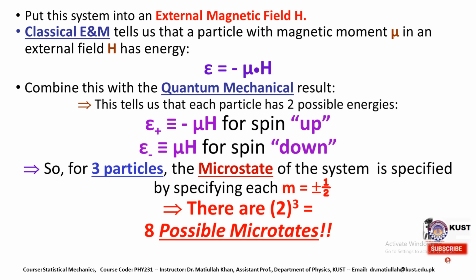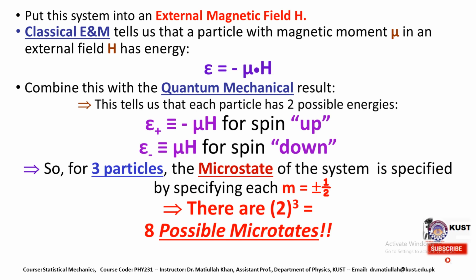So we need to calculate an example on that. We need to put this system into an external magnetic field H. The classical concept is that a particle with a magnetic moment mu in an external magnetic field has energy equal to minus mu dot H, that is, minus mu H cos theta, where theta is the angle between mu and H. If we combine the quantum mechanical results, each particle has two possibilities.